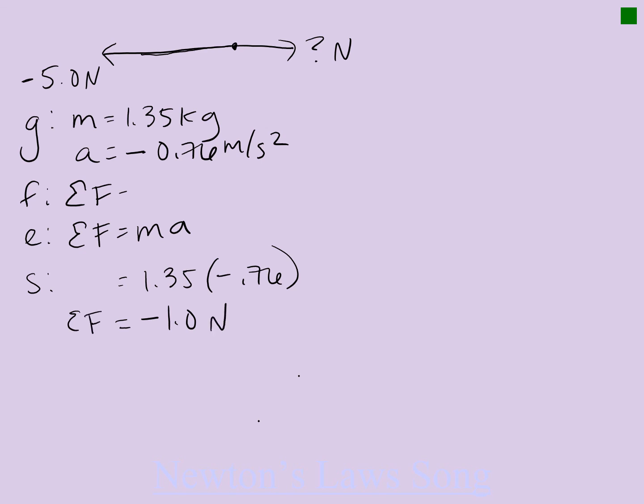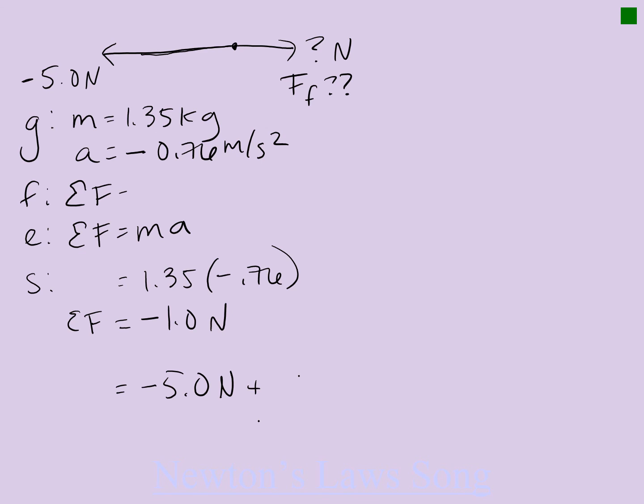Okay, that's not really my frictional force though. I want to know what this frictional force is here. So how do I solve that? Well, I know that my net force is the sum of my vectors. So one vector is -5.0 newtons, and the other is I don't know, which I'll call x.